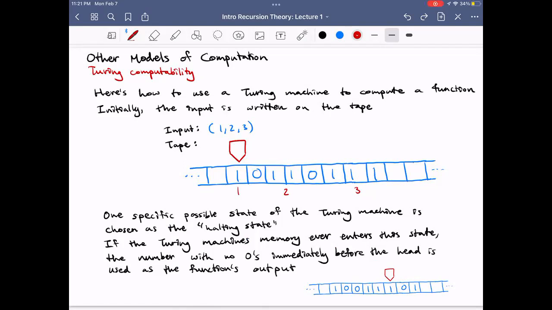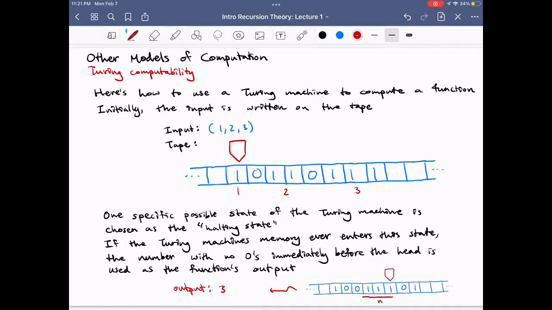And how do we get the output? Well, we look at where the head is pointing currently, and we look at the consecutive ones to the left of that, and however many of them there are, suppose there are n ones, that will be our output. So in this case, the output would be 3, because there are 3 ones in a row.